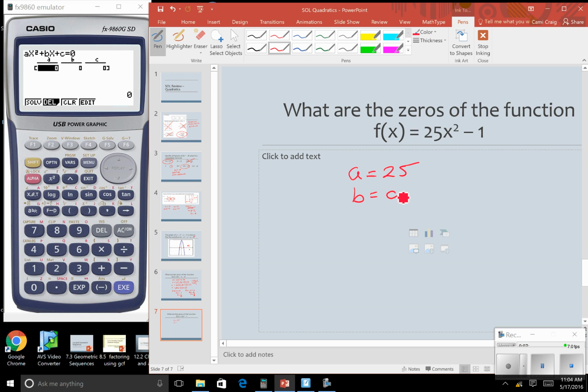Your B is 0 and your C is negative 1. So that's what I'm going to put in, 25, 0, negative 1. And when I solve that, I'm going to get 1/5 and negative 1/5.